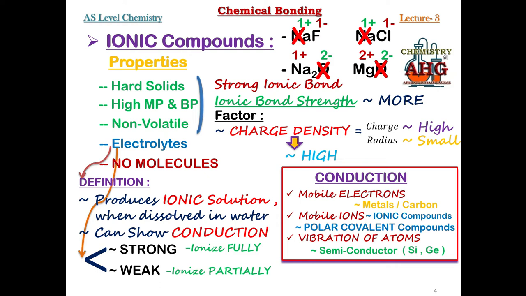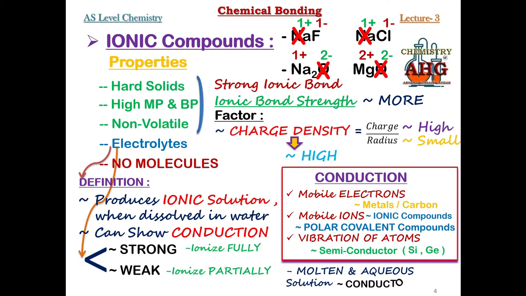If we heat a solid, when on heating a solid turns into a liquid, that liquid form of a solid obtained through heating is known as molten form. So ionic compounds are conductors only when they are in the molten form and solution form. Why?